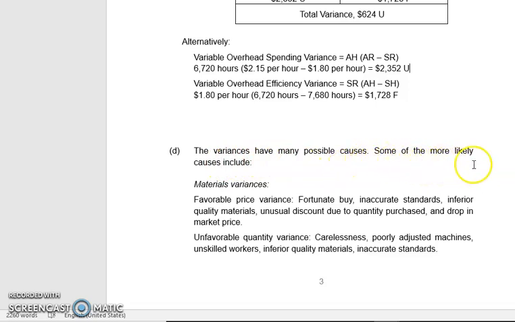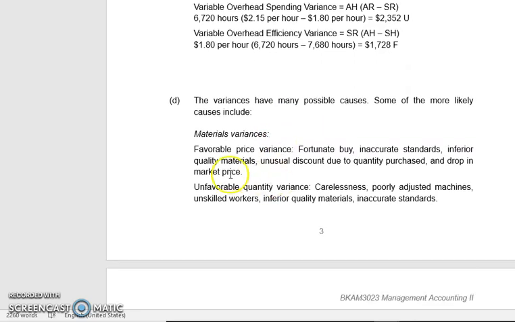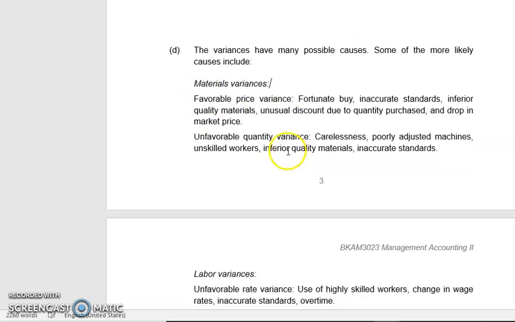Some of the more likely causes include material variance. Why do we get material variance? For instance, if we get favorable price variance, sometimes we have a fortunate buy, or an inaccurate standard. Sometimes we set an inaccurate standard. That's why we have favorable.